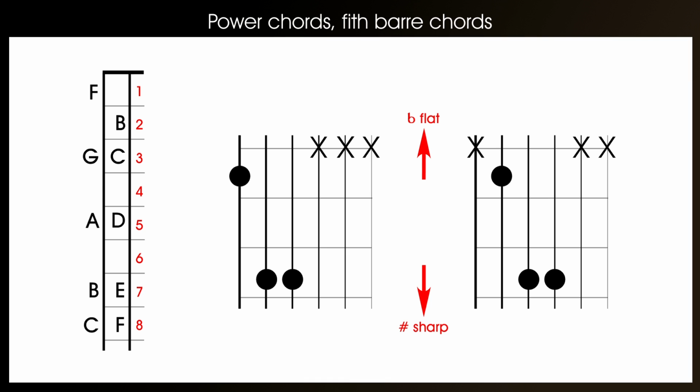I've done a far more detailed video on how to remember the names of the notes on the guitar, and I'll put the link to that below in the description.